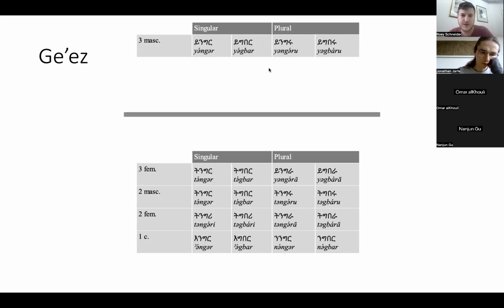And the jussive or short prefix conjugation: yinger, tinger, tinger, tingeri, inger, yengero, yengera, tingeru, tingera, ninger. So pretty much exactly what we would expect. And in the second type, with an a instead, which is also what we would expect.